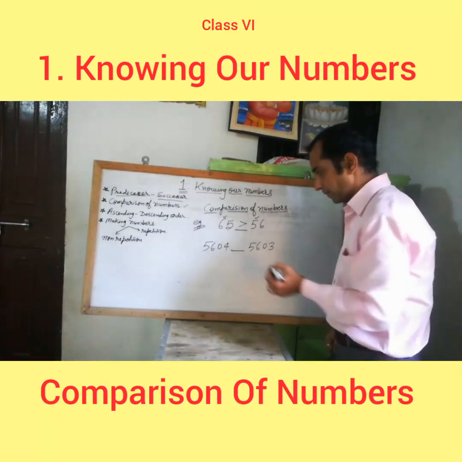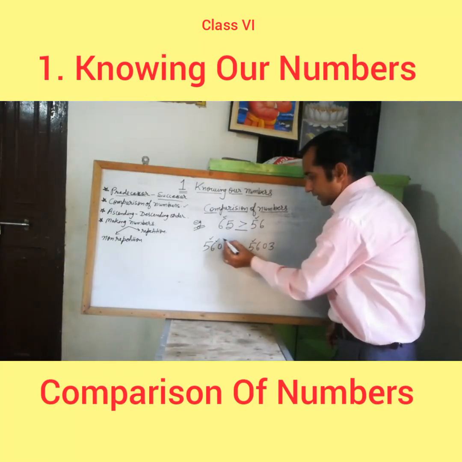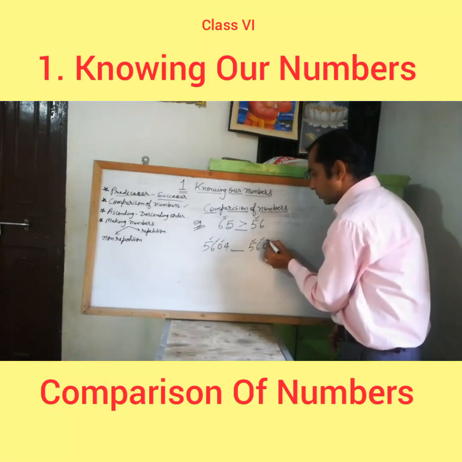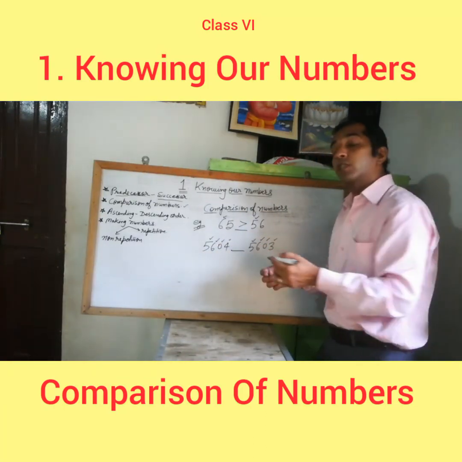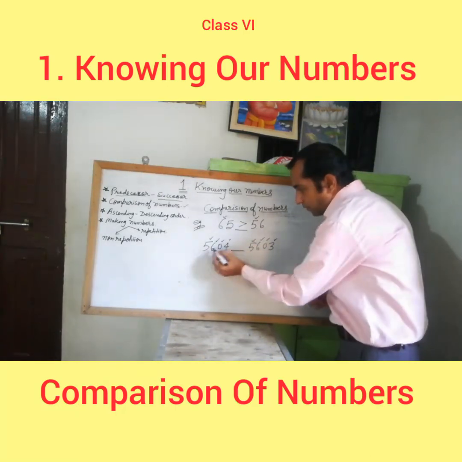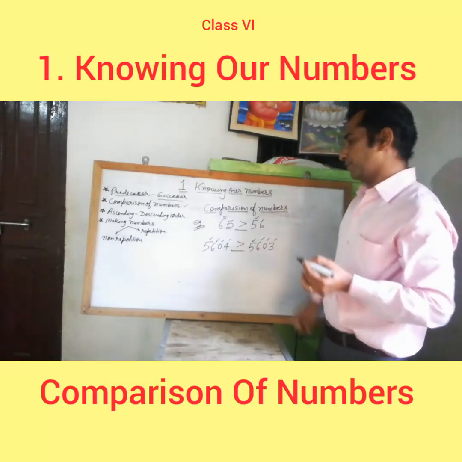Now we compare the numbers. See, it's 5, both are the same. 6, 6, 0, 0. Now it is 4 and it is 3. So which one is the greater number? 5604 is greater than 5603. Clear?